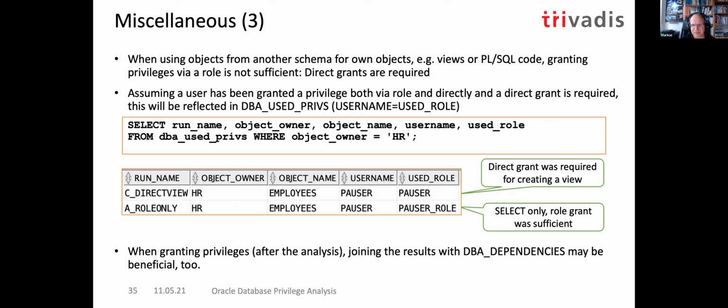You can see in the column used role that in the first case a direct grant was used, and in the second row the role grant was used. Keep that in mind if you're using PL/SQL. Think about DB dependencies to find out dependencies between objects, and in which case a role grant is not enough.